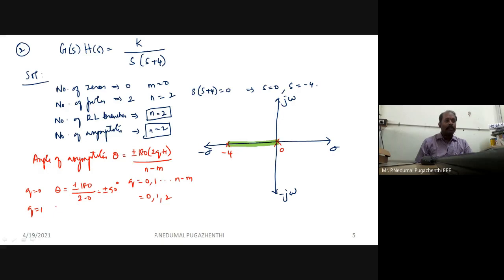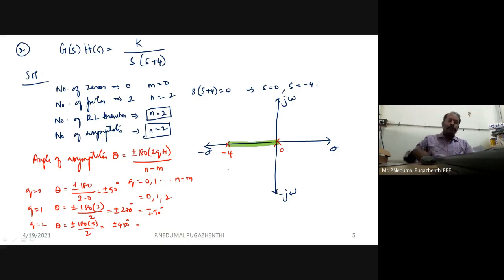Theta is equal to plus or minus 180 into 3 divided by 2, so plus or minus 270, which is equal to minus plus 90 degrees. If q is equal to 2, theta is equal to plus or minus 180 into 5 by 2, which is again plus or minus 90 degrees only.